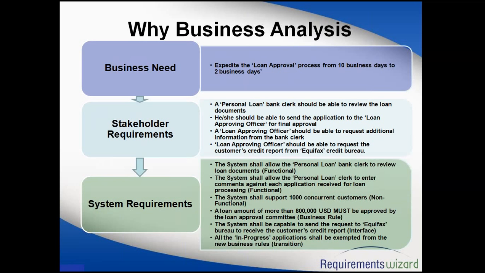So to make it more convenient for the loan approving officer to approve or reject it, we need some sort of feature where the loan clerk can enter some comments, what they found in the application, good, bad, whatever. So you can see my one requirement has resulted in multiple system level requirements.